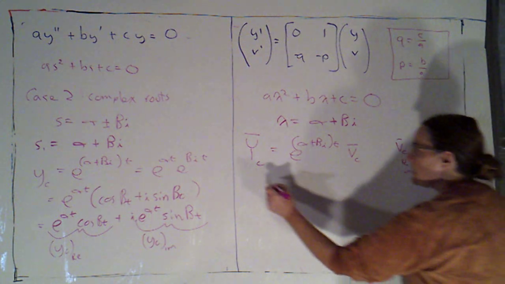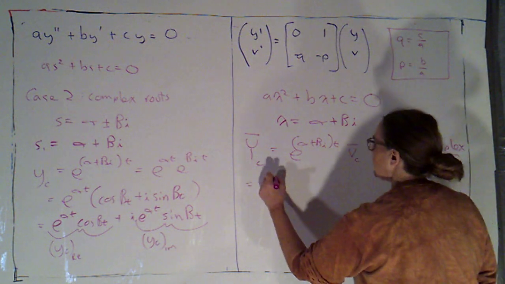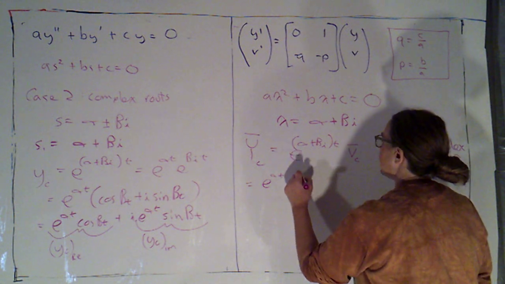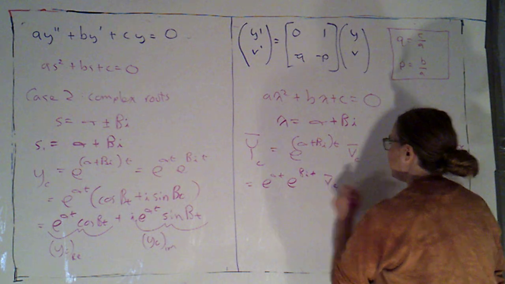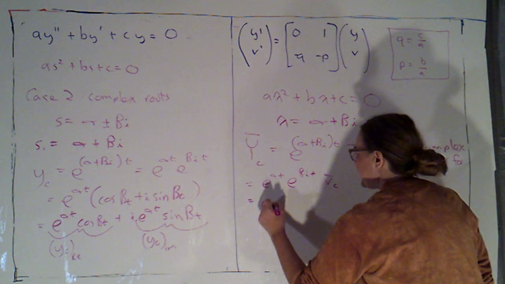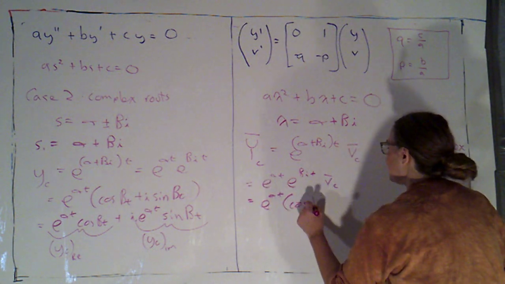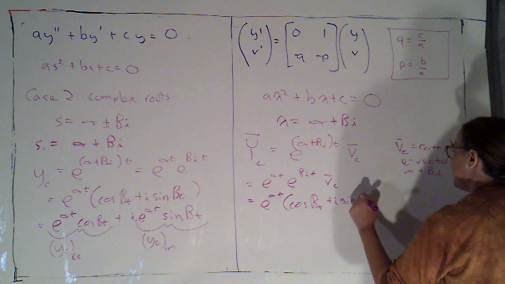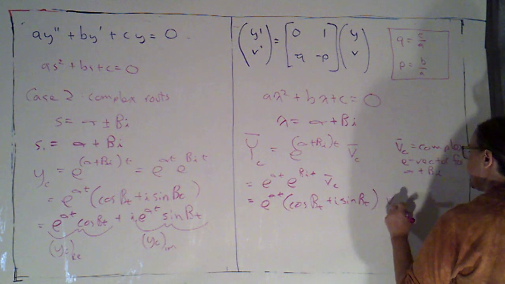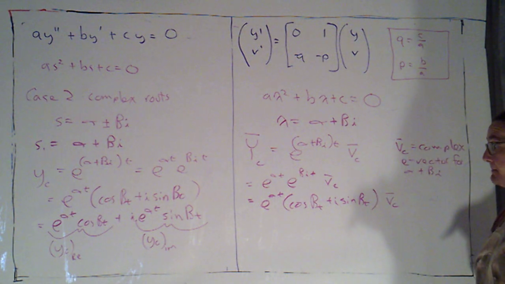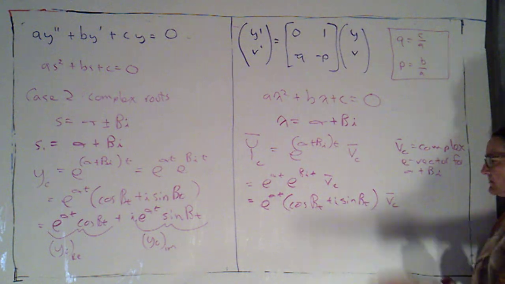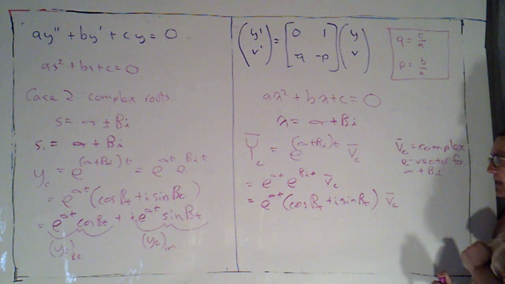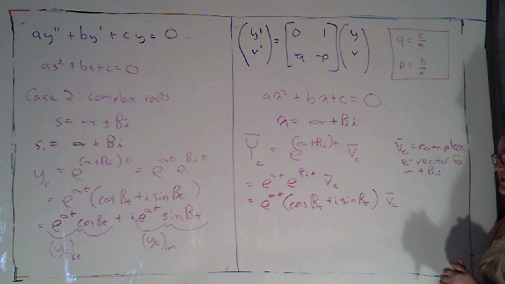Okay. So I know that's going to be e to the alpha t times e to the beta i t times v sub c, which is e to the alpha t times cosine of beta t plus i times sine of beta t times my vector v sub c. Now, I don't have a specific example, so I haven't actually formed a specific eigenvector here.